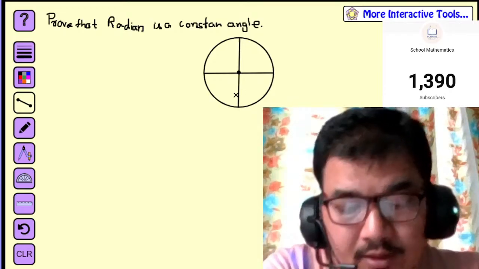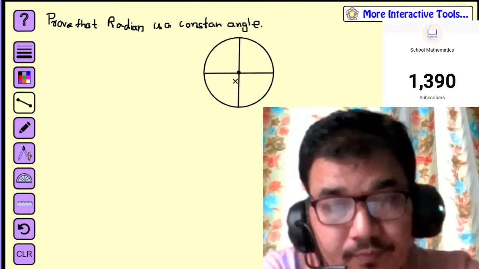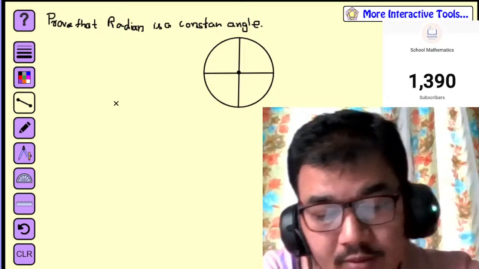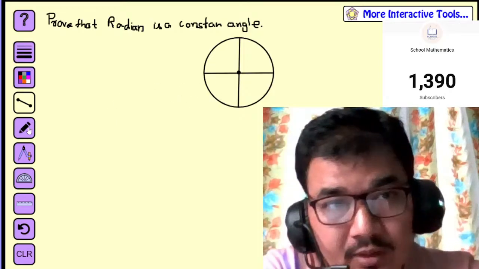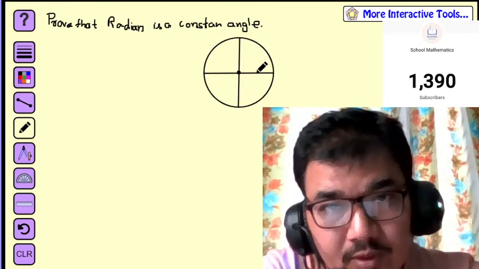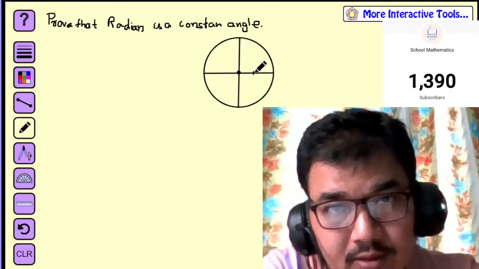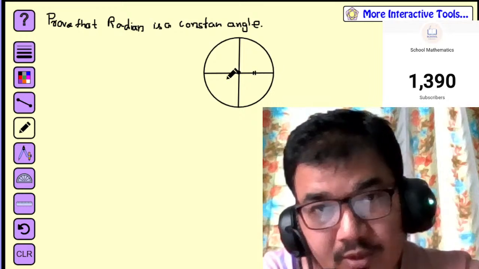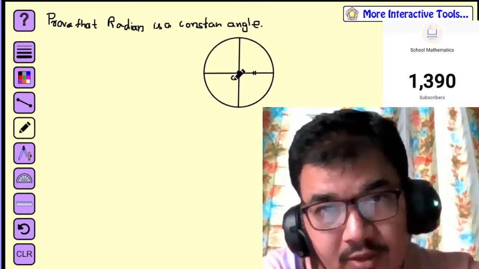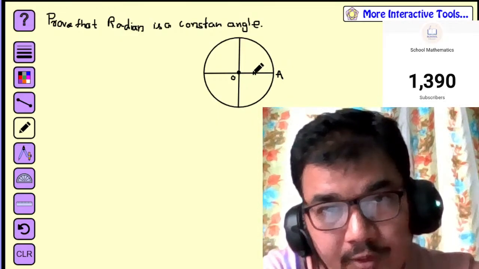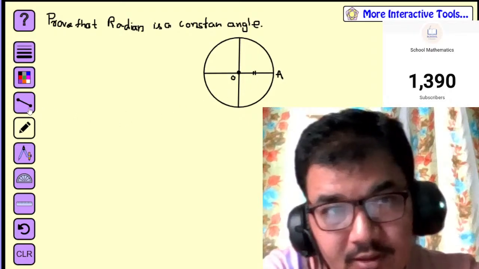Now we have to draw here one radius, this radius. We put the name O as the center, the origin, and here is A. OA is the radius here.